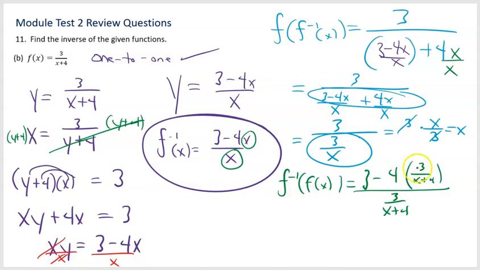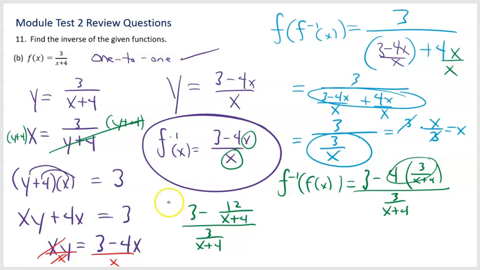Now what I can do on top here is multiply those together. So that's going to give me 3 minus 12 over x plus 4. In the denominator, I'm going to keep my 3 over x plus 4. Now my next problem is I have these two separate fractions. I need to add them together. To do that, I need a common denominator.